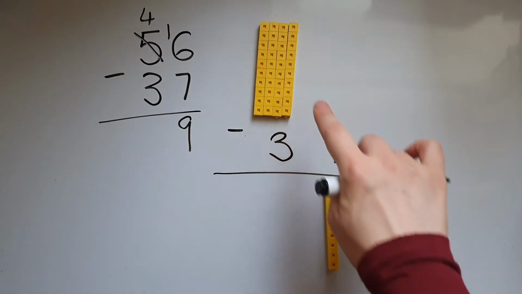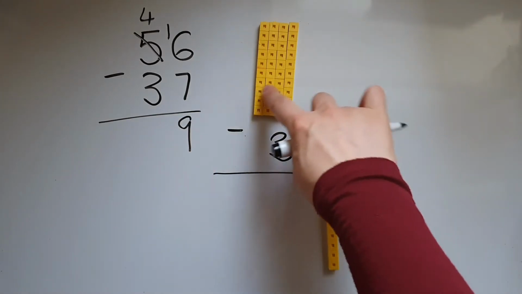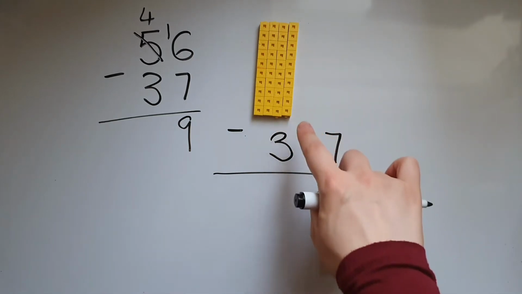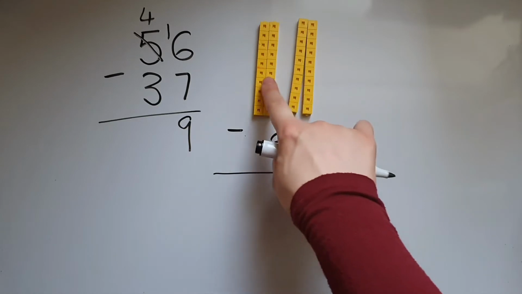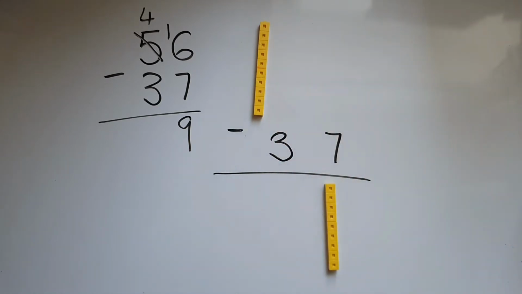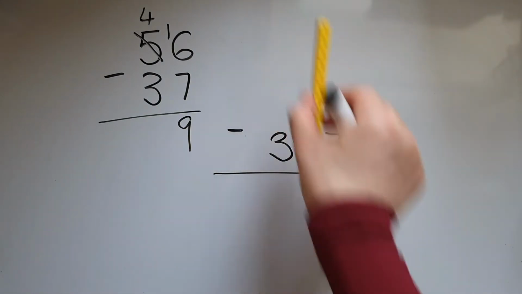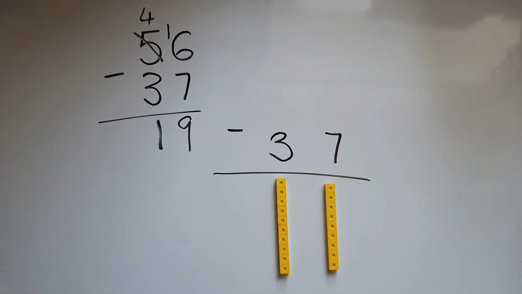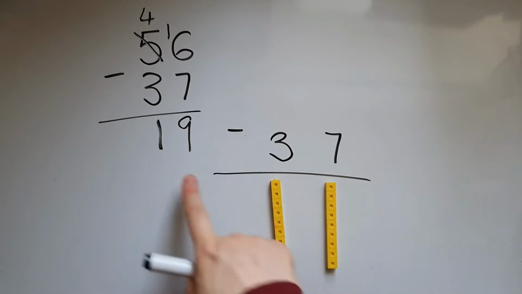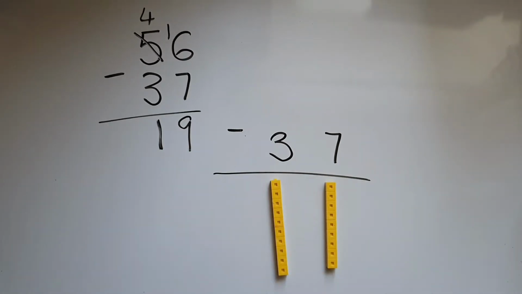And I've got 4 here, 4 lots of 10, and I take away 3 of them. So 1, 2, 3. What am I left with is just 1 of them. And then we have 10 and the 9, which makes 19.